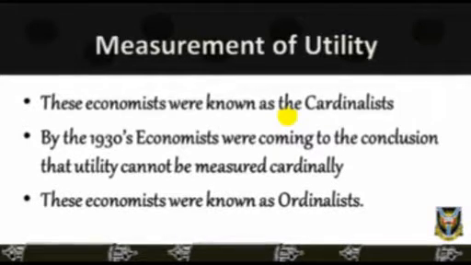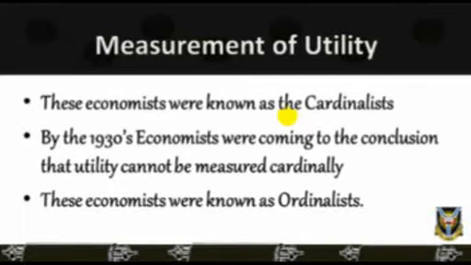However, by the 1930s, economists were coming to the conclusion that utility cannot be measured cardinally. These economists were known as ordinalists. They claimed that an individual can rank bundles of goods in order of preference because he or she prefers one bundle to another, or derives more utility from the bundle preferred than from the others, or derives the same utility from two sets of goods.